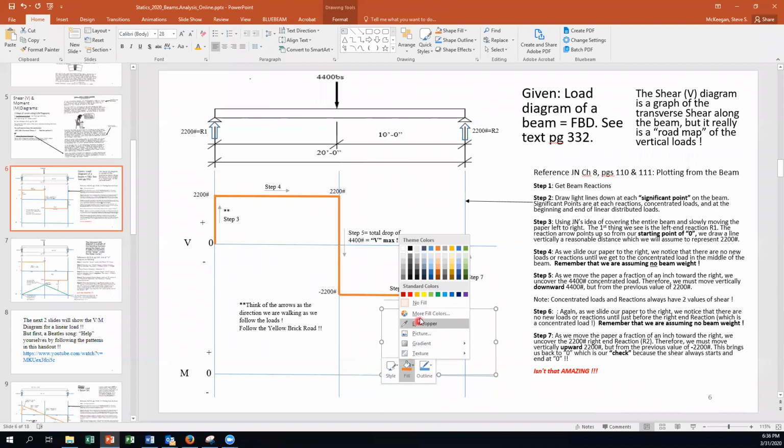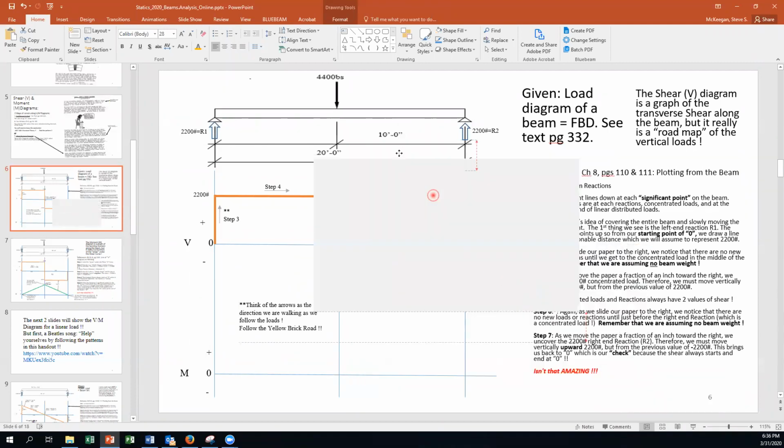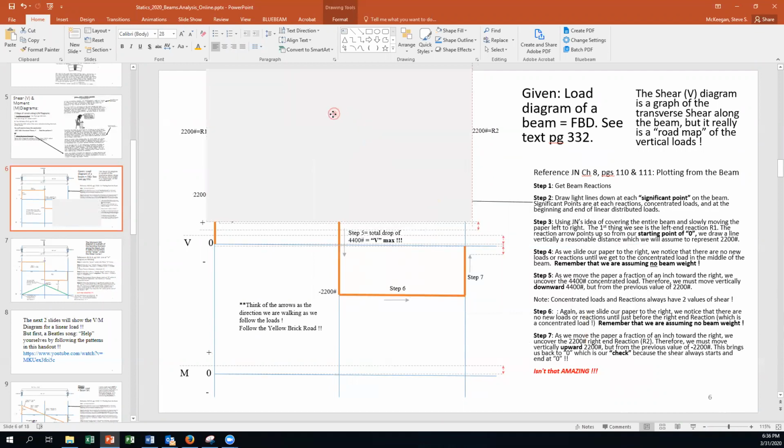So there's your piece of paper, right? So, cover up the whole beam and slowly move the paper to the right.